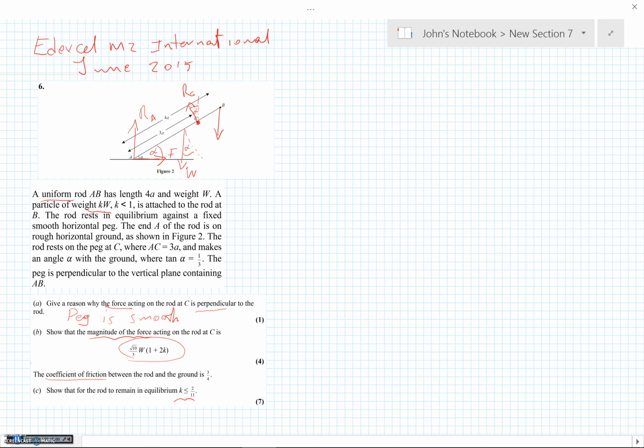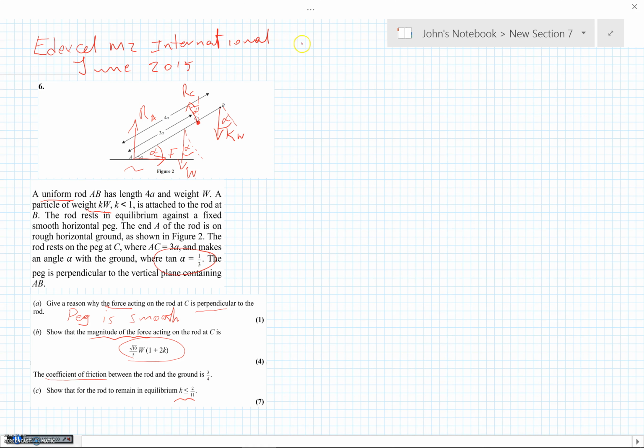If we take moments about A, we're only going to get 3 forces in the diagram: kW, W and RC. So that's going to get us one equation for that result, if we're careful. We need to take care with our angle.